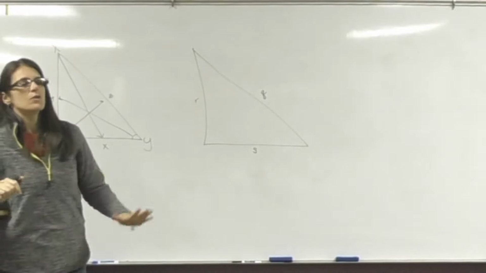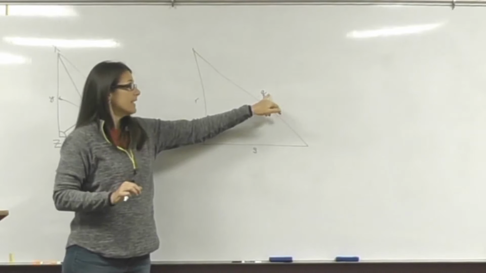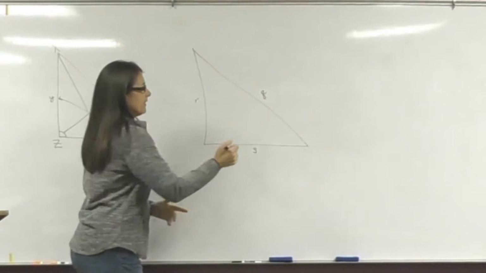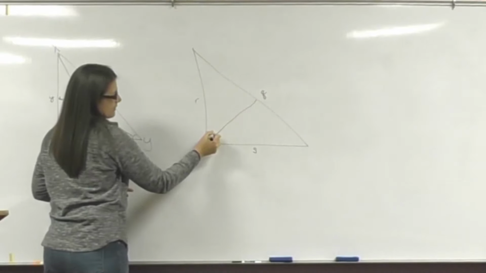Okay, so here, this side right here has been named side Q. Okay, so we need to find the angle that is opposite this side. So I'm coming across this.